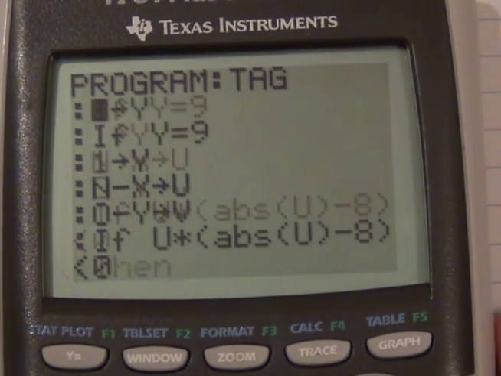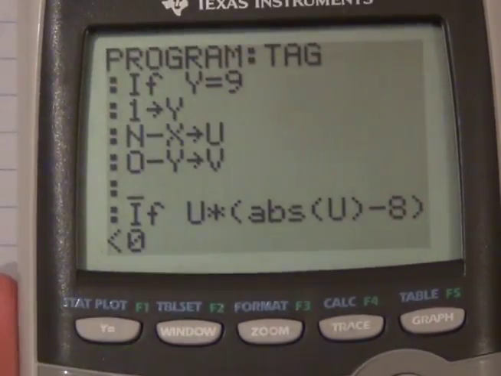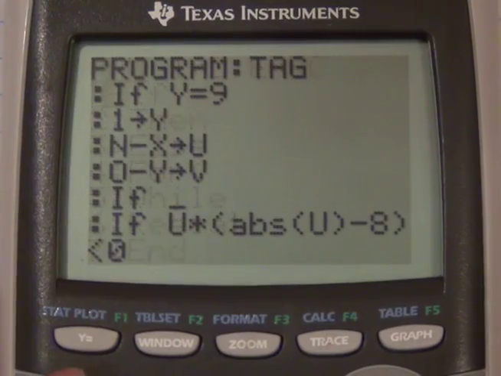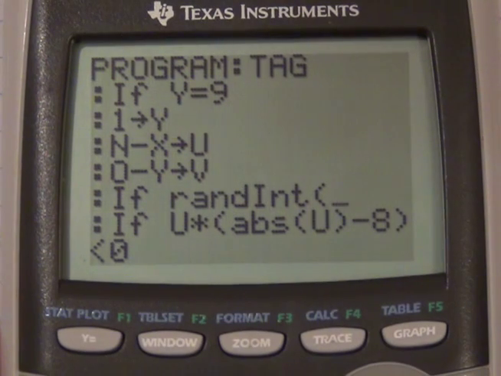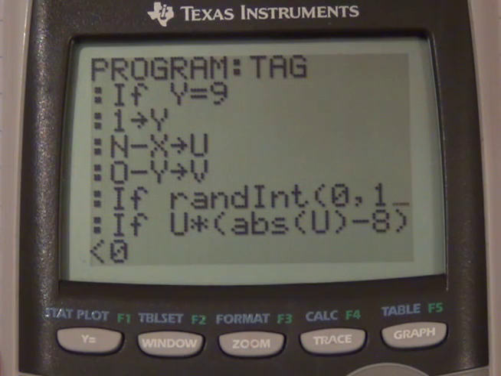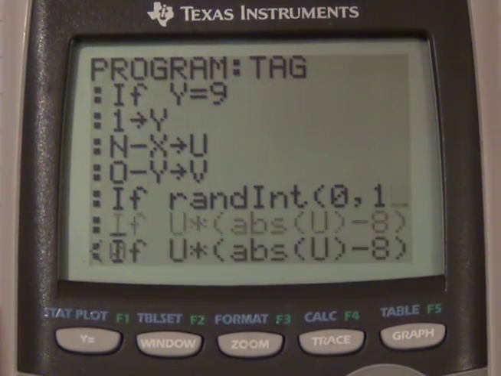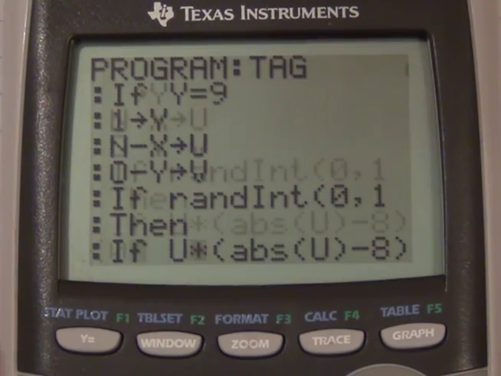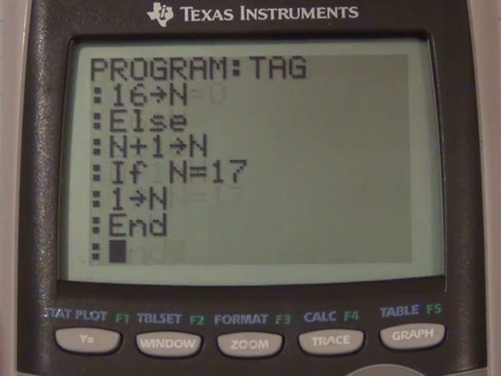For now, I have an idea. I'll just do a random. We'll just use random for our advantage right now. So if random 1 and 0, then if that happens to be a 1, then we'll move the x.